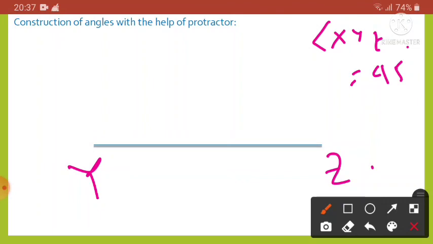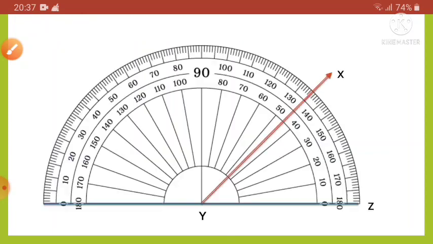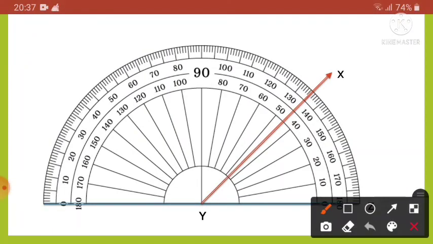So we are adjusting the protractor that way. Adjust the protractor in such a fashion that the baseline of the protractor coincides with YZ.